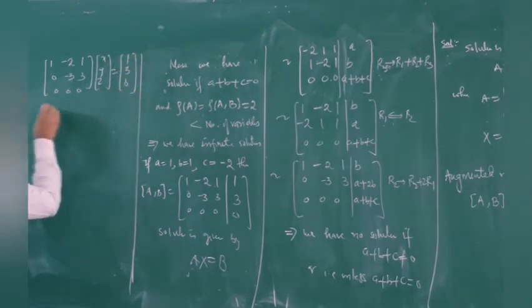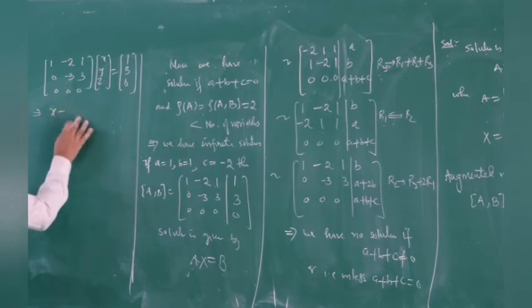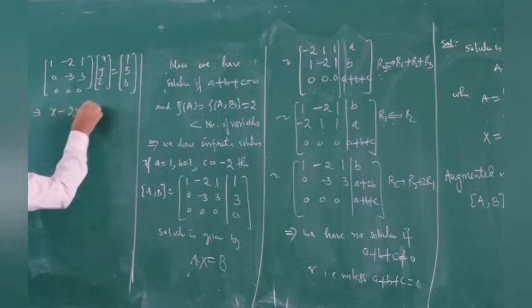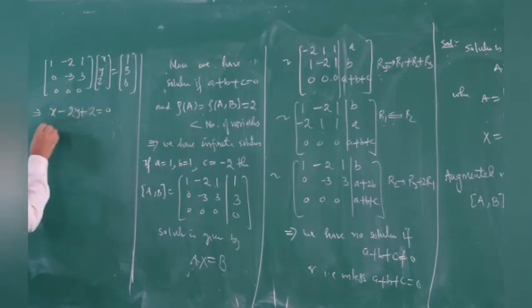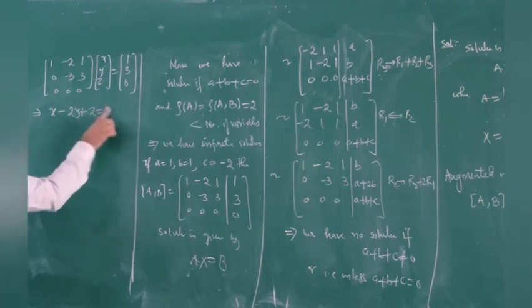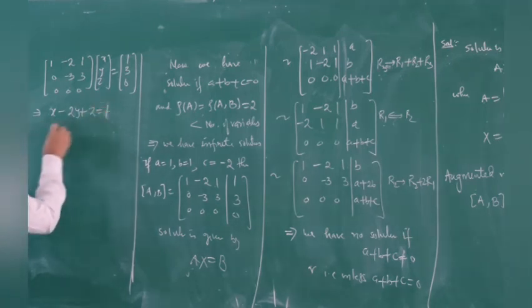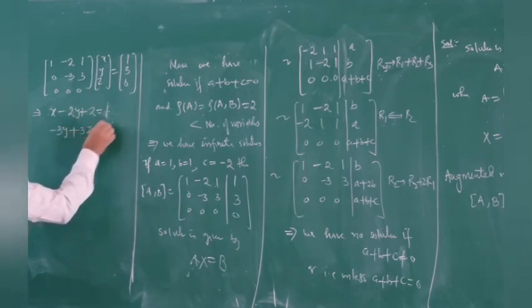So from here we have X minus 2Y plus Z equal to 1, the first equation. Then we have minus 3Y plus 3Z equal to 3.